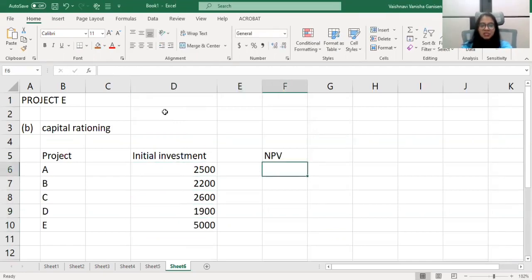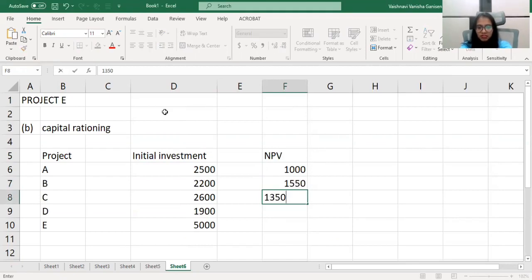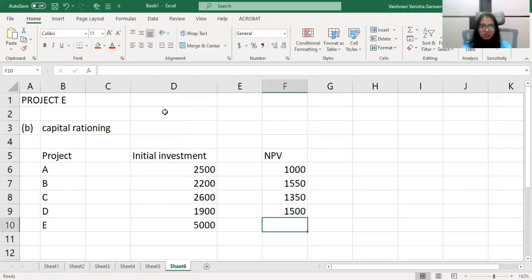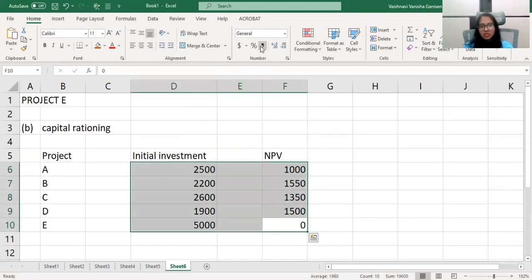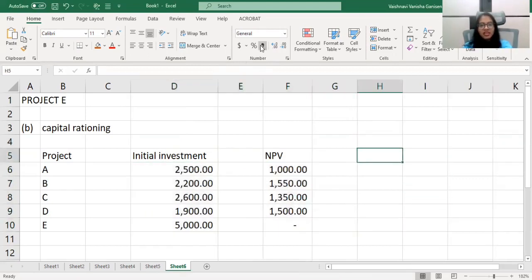Now, the NPV was also given to me: 1,550, 1,350, and 1,500, and here is 0. Let me just double check my figures. 1,550, 1,350, 1,500.